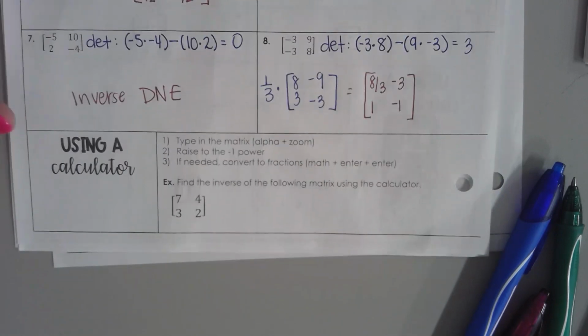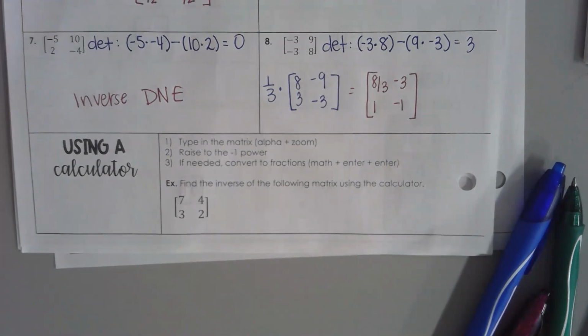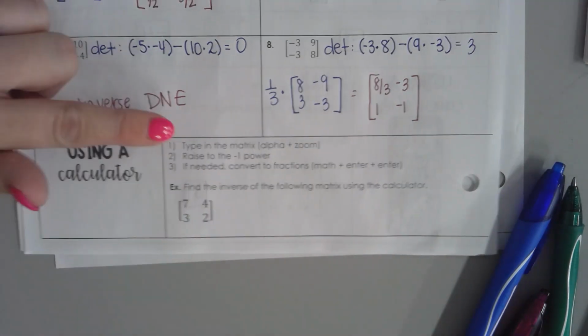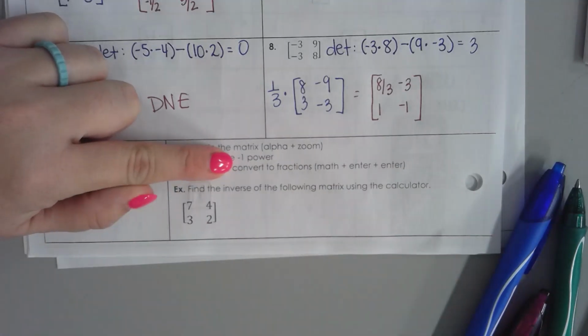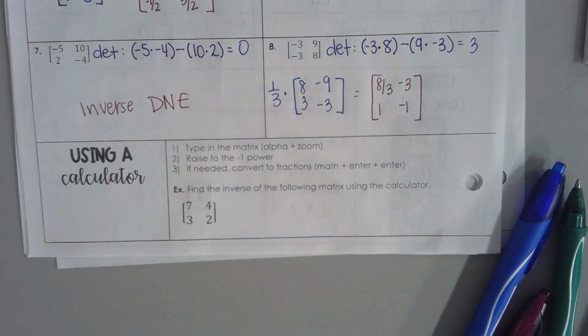Your calculator will do the inverse. So you don't have to do it by hand. If you type in your original matrix and raise it to the -1 power, your calculator will do all of the work for you. You don't need to switch anything, change signs, none of that.